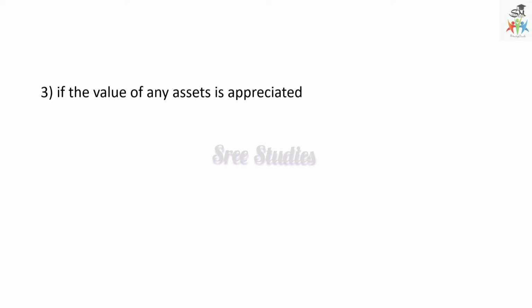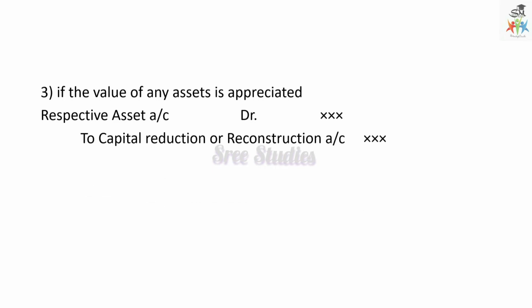If the value of any asset is appreciated, that is, when the asset has been revalued and it is increased, then the respective asset account. Say for example, if building account is, as per the balance sheet, 4 lakh, and when it has been revalued it is 4 lakh 50,000, then the asset is appreciated, and that 50,000 goes to capital reduction or reconstruction account, with the amount of appreciation.